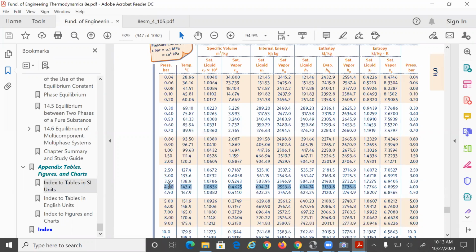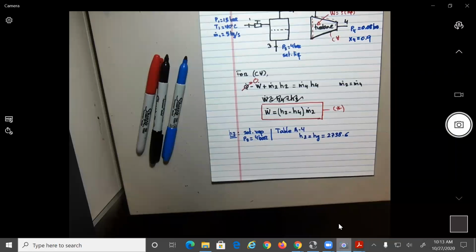Which is 2,738.6. So we find in table A4, H2 equal to Hg, for gas, equal to 2,738.6. Okay, that's what I have over here.